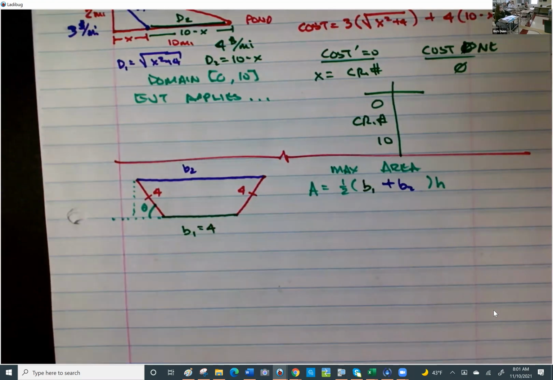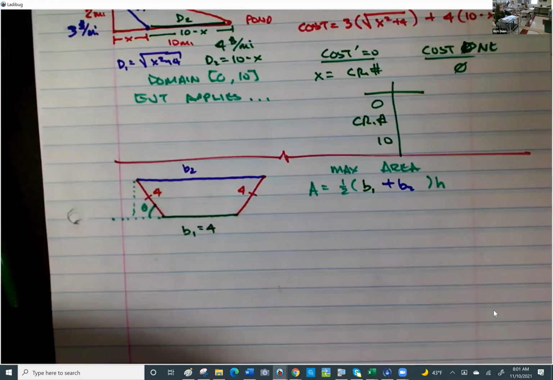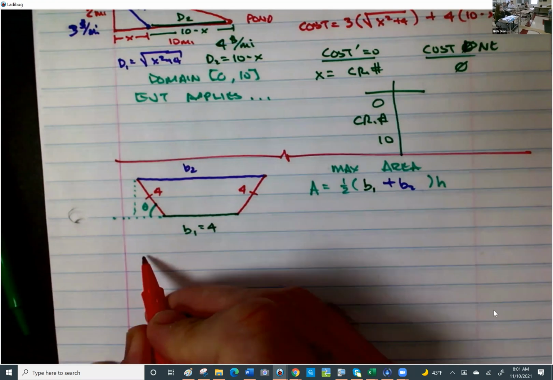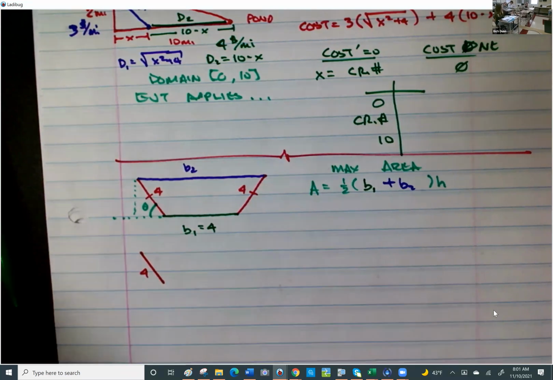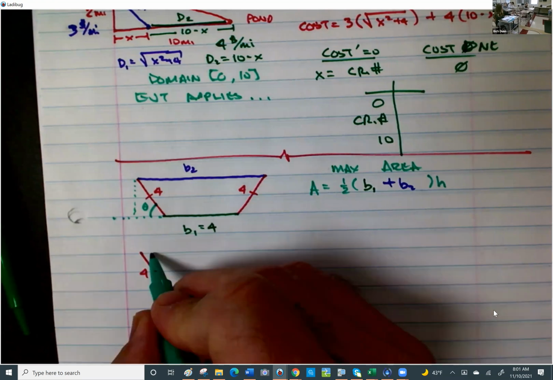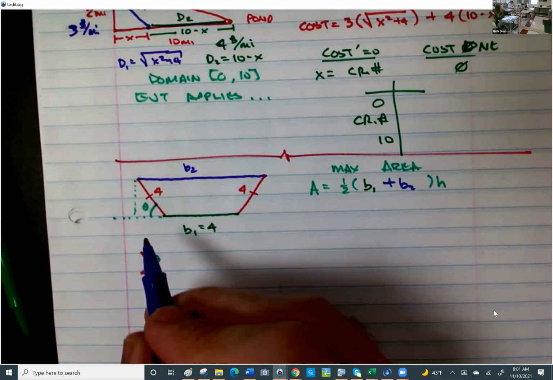Okay, so I'm going to take a look at this one and look at this triangle here. This is 4, and this angle here will also be theta if I look at it like this.